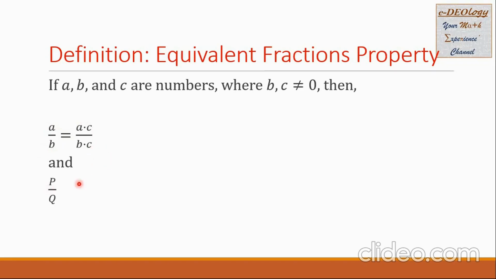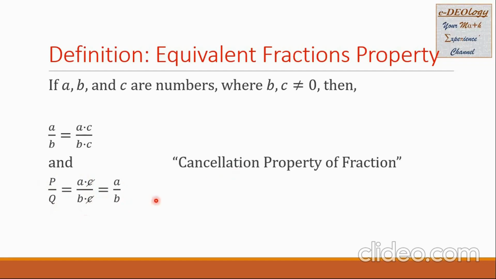Also, if we have a fraction capital P over capital Q, and this P can be factored out into A times C, and the Q can be factored out into B times C, then we can cancel that C, and the rational expression becomes A over B.